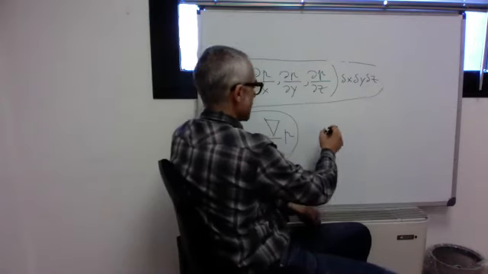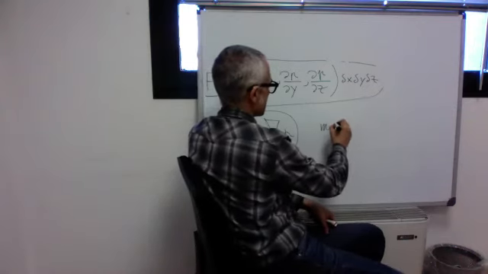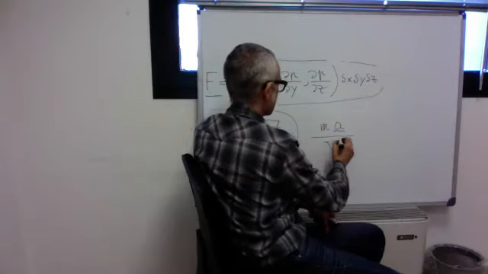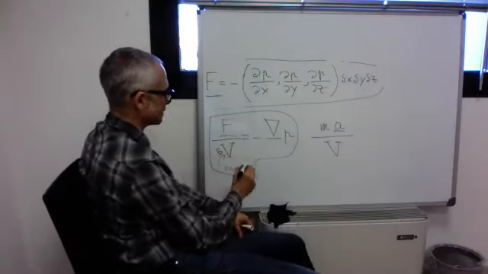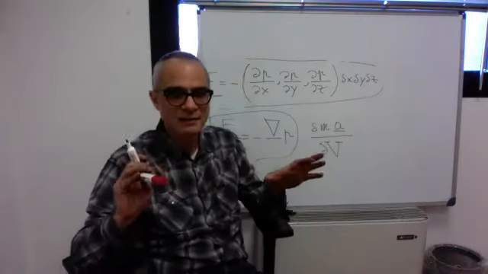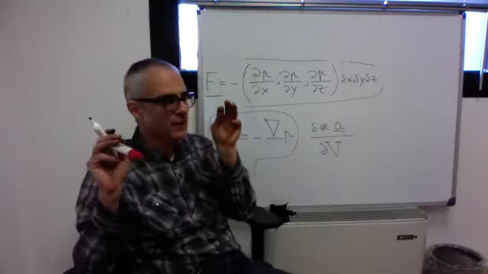So if I write the force as a mass times an acceleration, and you know, I might want to write this as a delta V to remind myself that this is valid as long as we're talking about a small parcel of matter.